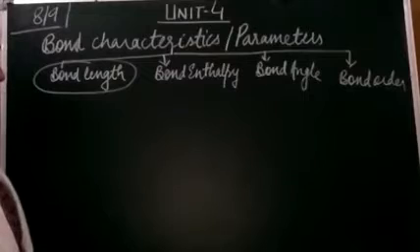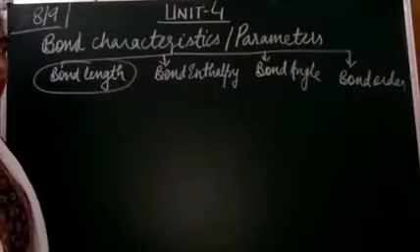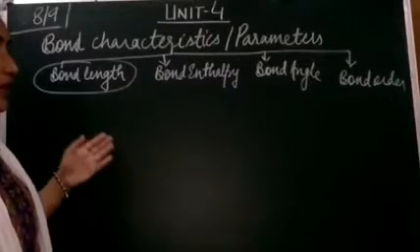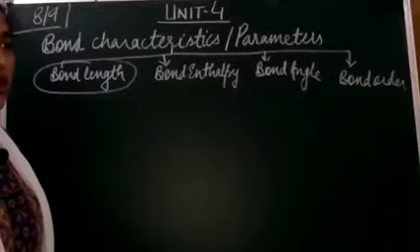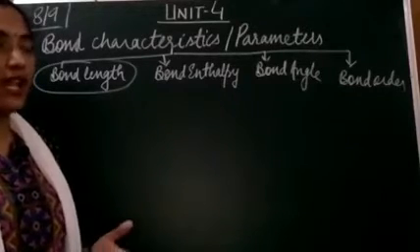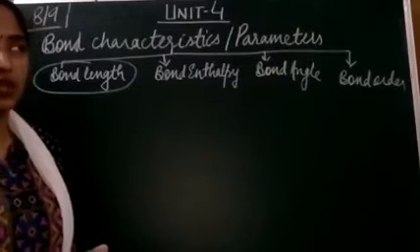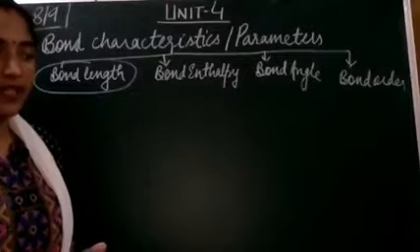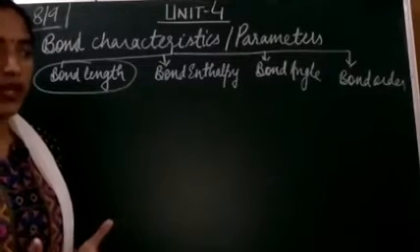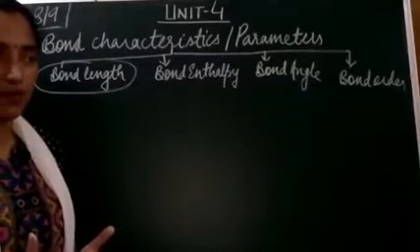We have gone through in the beginning that whenever two atoms approach, the potential energy of the two atoms decreases as they approach one another, and they reach an equilibrium distance, a distance where the force of attraction and the force of repulsion balance and a bond is formed.